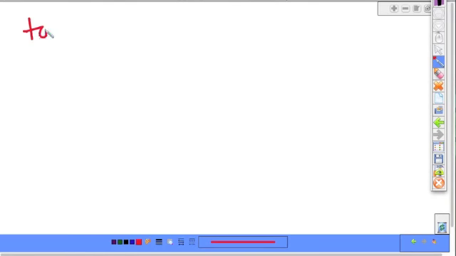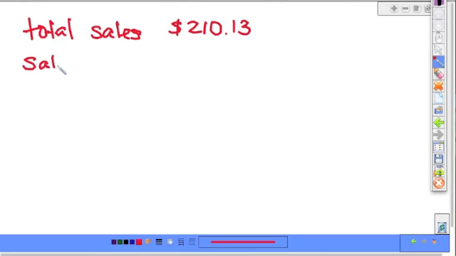We have an equation set up here where it says total sales is $210.13. Sales tax, because we always have tax on stuff, but this is the sales tax rate is going to be 7.25%.